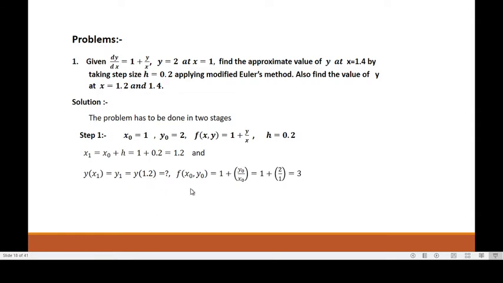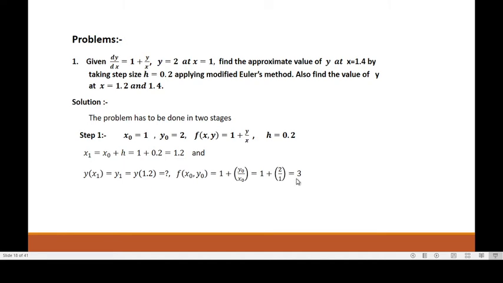First calculate f of x0 comma y0, since we are using this in Euler's formula. That is equal to 1 plus y0 by x0. y0 is 2, x0 is 1. Substitute in the formula, you will get 3.